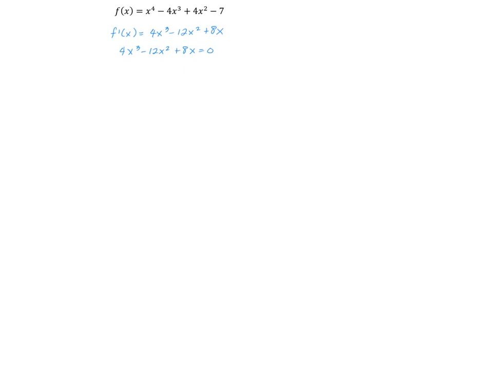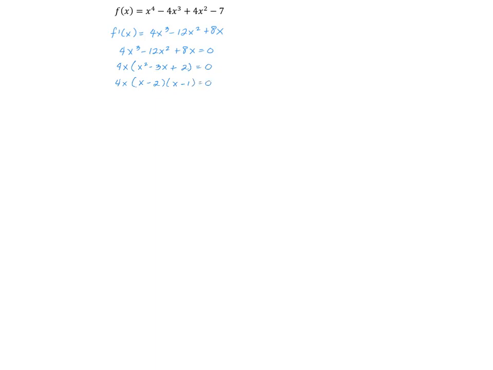It won't give you an exact value. So I can see I can factor out a 4x. And what remains would be x squared minus 3x plus 2. And that factors into x minus 2, x minus 1.